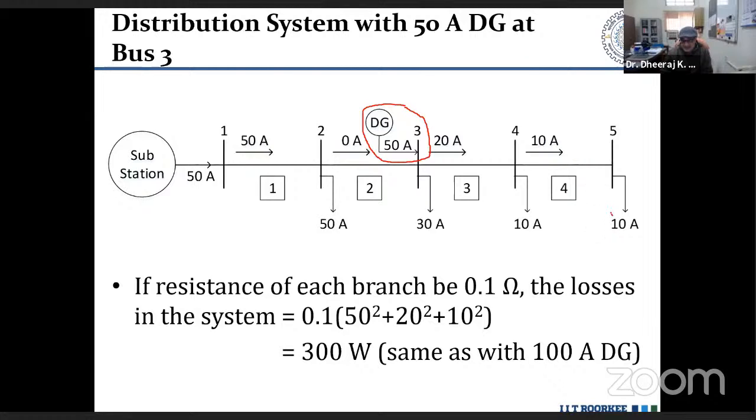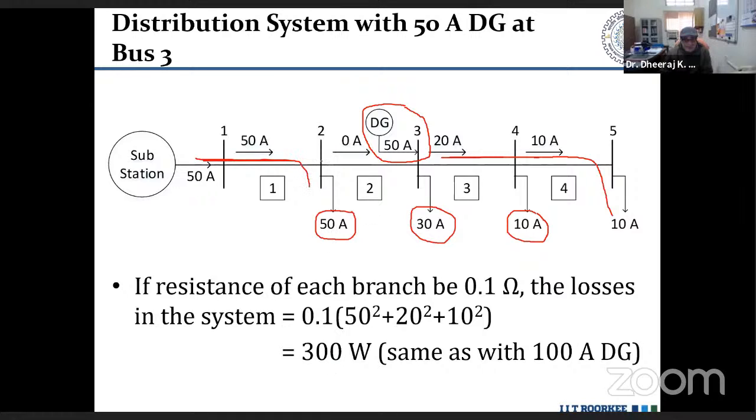So 10 ampere will come from branch number 4, and then considering this 10 ampere load at bus number 4, this 20 will come from branch number 3, and here we have a 30 ampere load requirement. So 30 and 20 will be supplied by the DG. We have one more load connected at bus number 2, so this will be supplied through the substation.